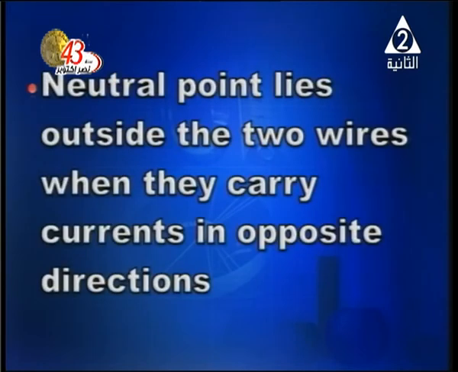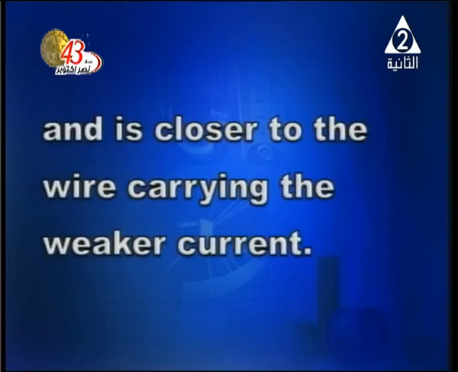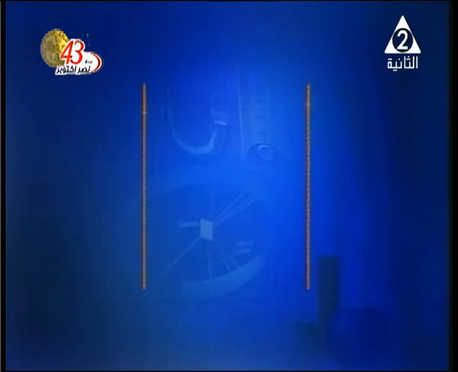The neutral point lies outside the two wires when they carry currents in opposite directions, and it is also closer to the wire carrying the weaker current. In front of you, two wires are shown, and they carry currents in opposite directions, currents I1 and I2, two different currents.